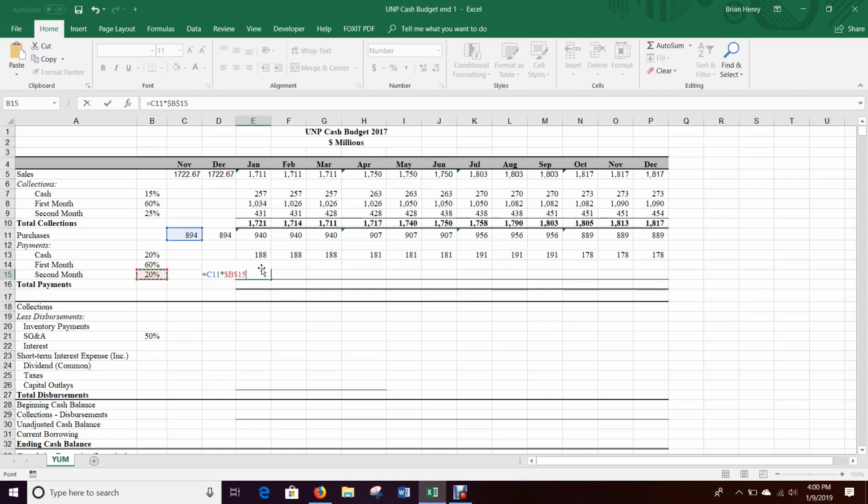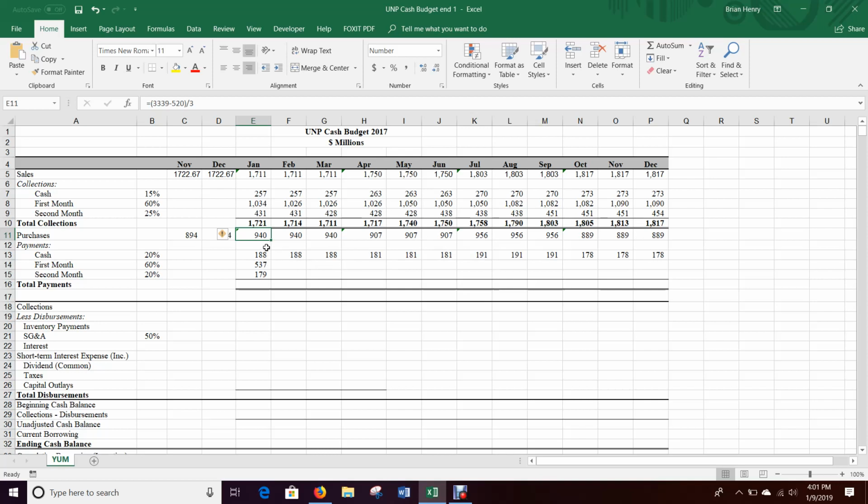Now we can alter this again. I'm not going to mess with it today, but you could also build a model where, if you're purchasing this much stuff in January, really you might be purchasing some of that stuff in December for January, and so you could shift this whole thing over a month and stuff like that. It depends on how your company's structured again.